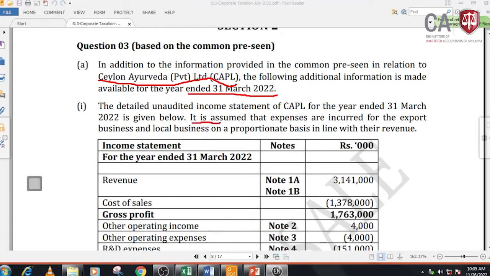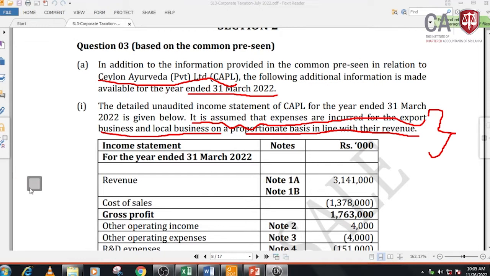Now this is very, very important. Expenses are incurred for the export business and local business on proportionate basis in line with their revenue. Now this part, it's very, very critical for you to remember. The proportionation of the revenue based on the export and based on the manufacturing or a local sale.